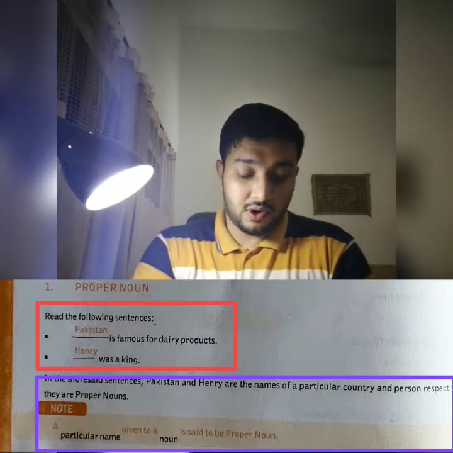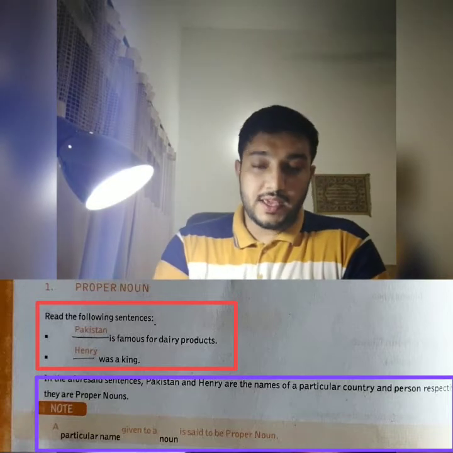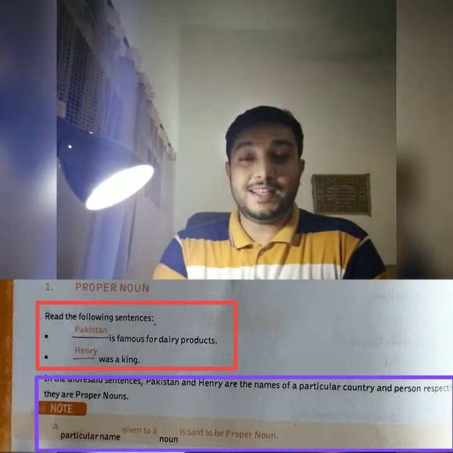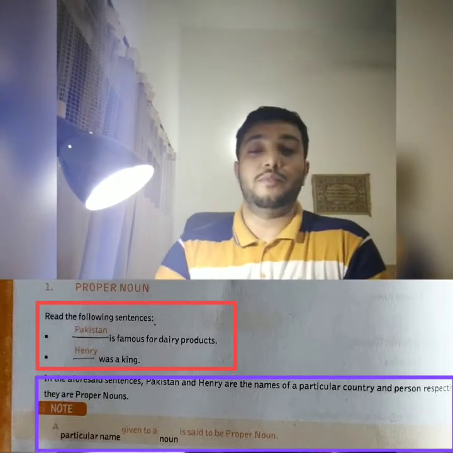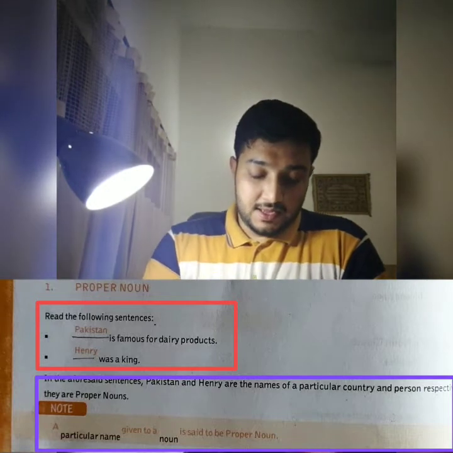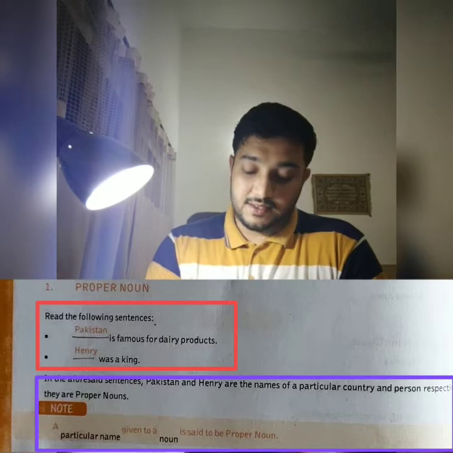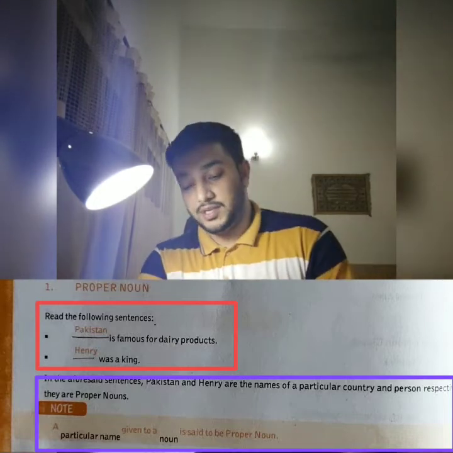Pakistan is famous for dairy products. So here Pakistan is the proper noun. Henry was a king. Here Henry is the proper noun. So he writes that in the aforesaid sentences, Pakistan and Henry are the names of a particular country and person respectively.